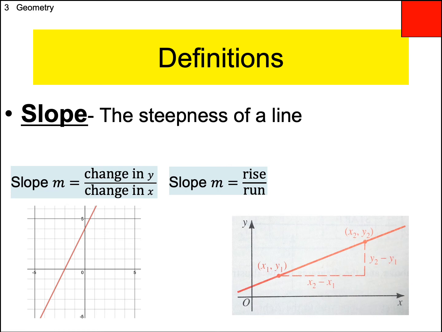Now, slope is rise over run, and rise deals with your y-coordinates, and run deals with your x-coordinates, which is why the slope formula is m is equal to y2 minus y1 over x2 minus x1. And you're like, well, don't we need to use absolute value? Well, no, because the reason we used absolute value before is because we were using the Pythagorean theorem. And we're not calculating distance, we are calculating slope, or the steepness.